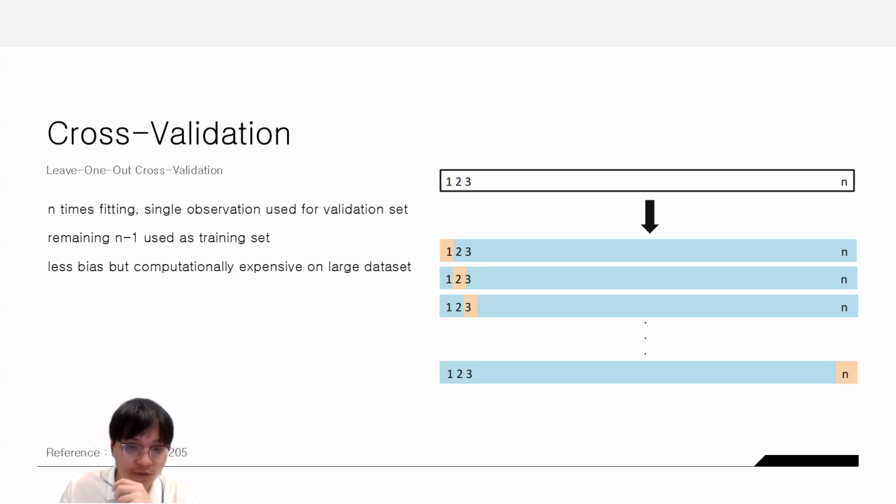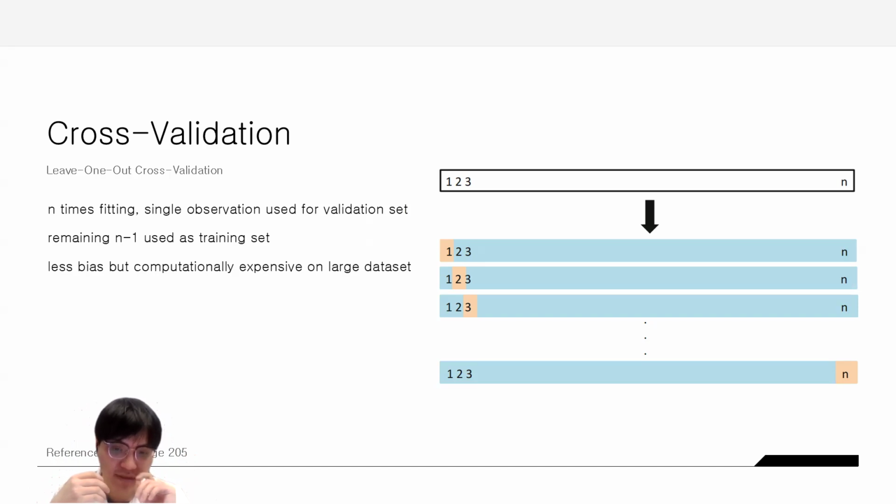So there is no randomness, just a single validation observation, and this makes less bias. But there are also some drawbacks. It repeats n times because the dataset size is n.